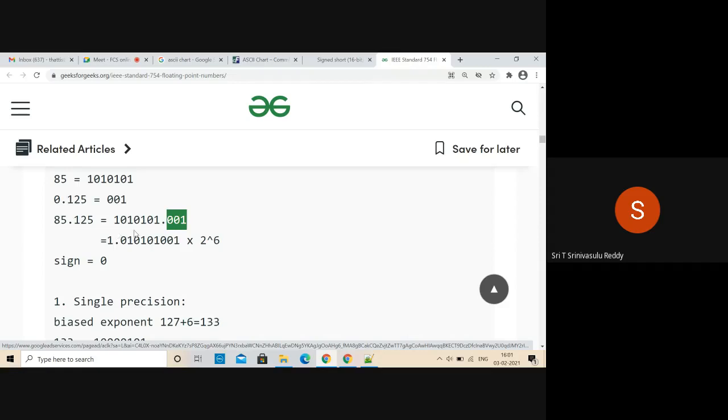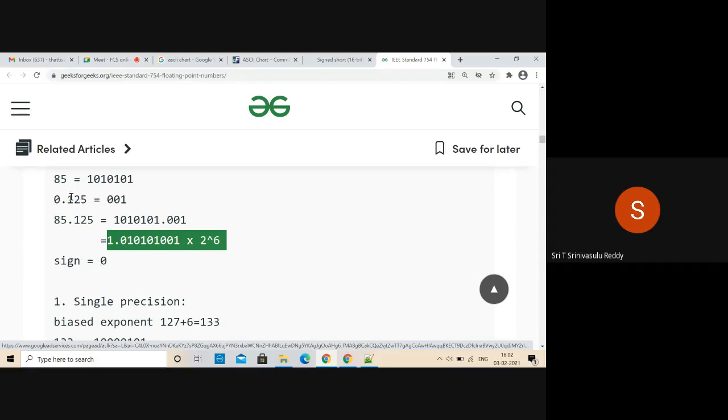So it's going to be 1.010101001 times 2 raised to the power 6. This number is equivalent to the earlier number in scientific notation.